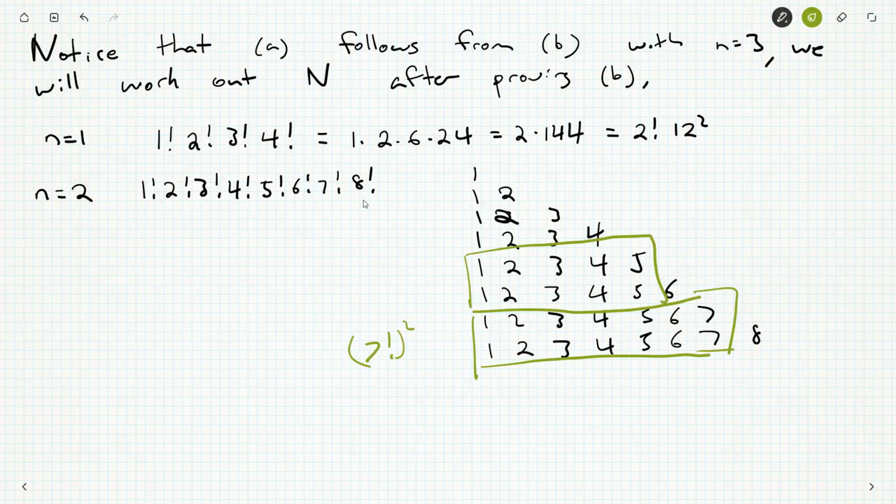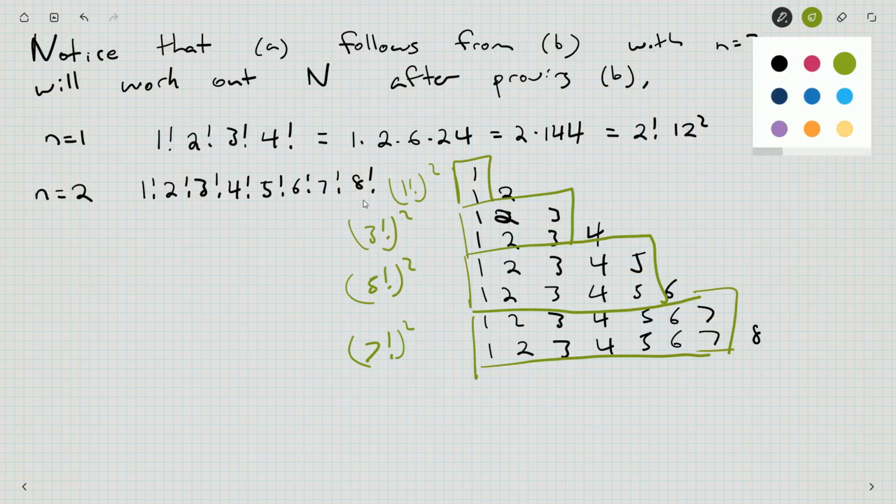This guy here is 5 factorial squared. And this one here is 3 factorial squared. And here we've got 1 factorial squared, which doesn't really need to be added because that's 1 squared, which is 1. And then what's left over?